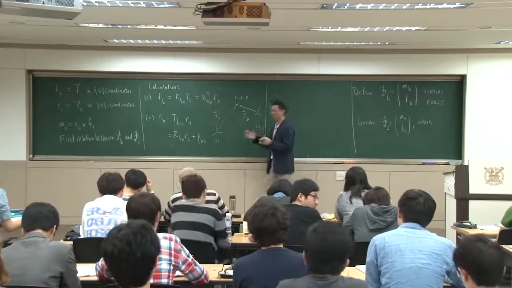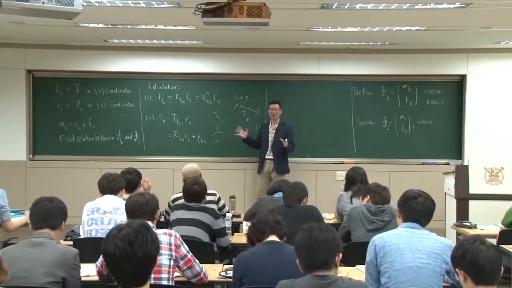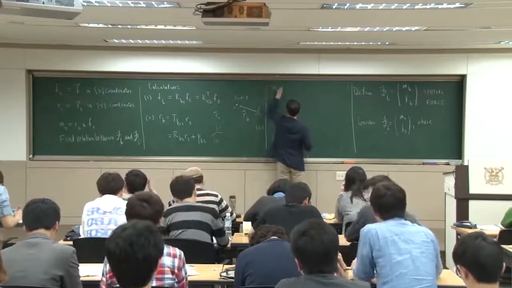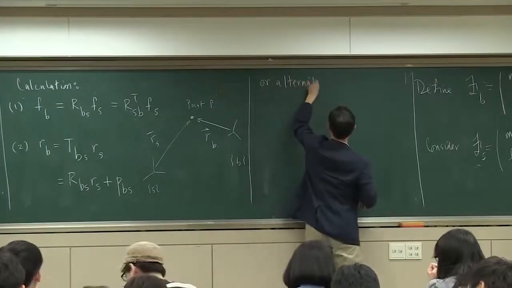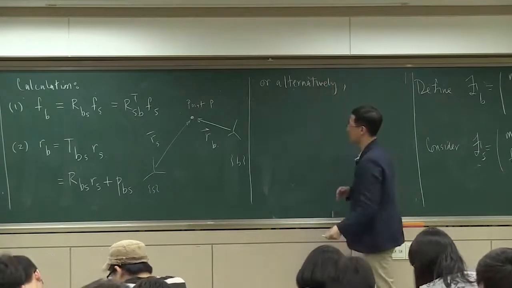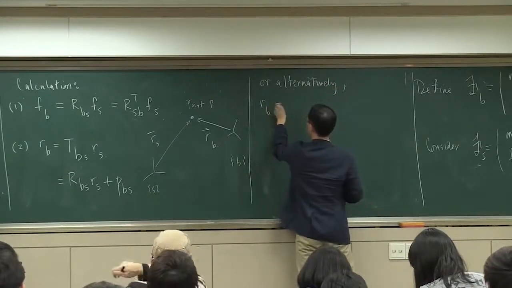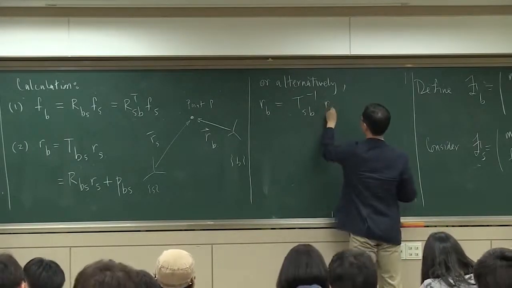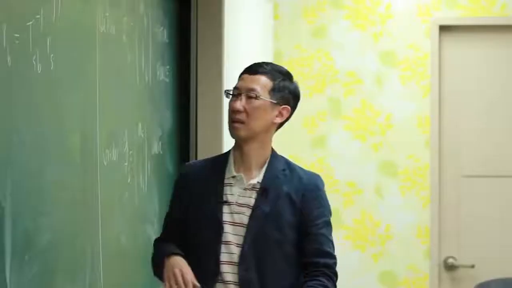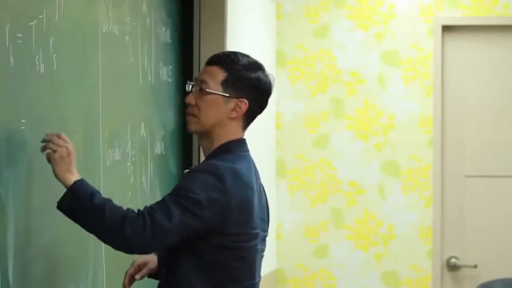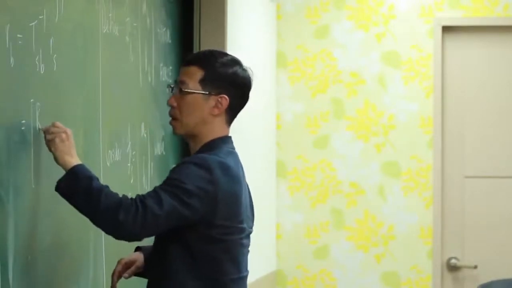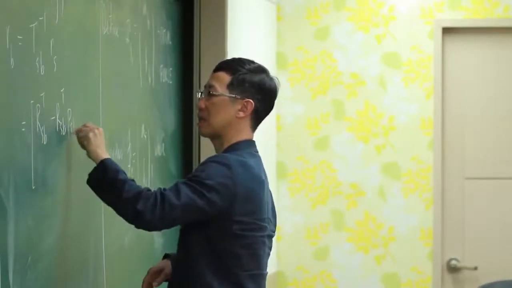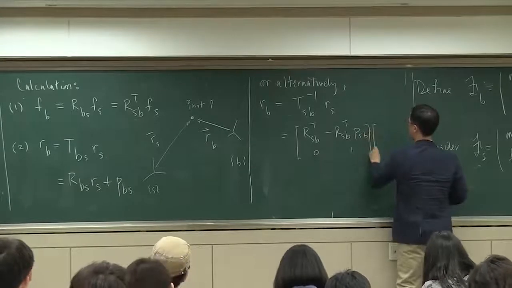Now, also knowing the answer that I want, I'm going to write this in a slightly different way. Let me write it this way. R sub b is T SB inverse times r sub s, which is R SB transpose, minus R SB transpose P SB, 0, 1, times r sub s.